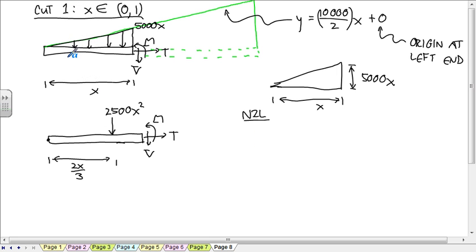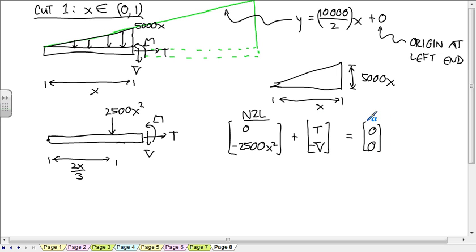Okay, so we have 0, negative 2,500x squared plus T, negative V is equal to zero. So T is still equal to 0. And V is equal to negative 2,500x squared.